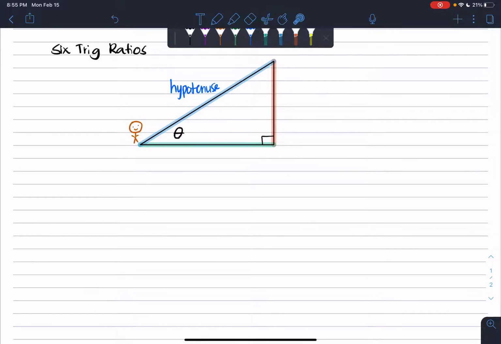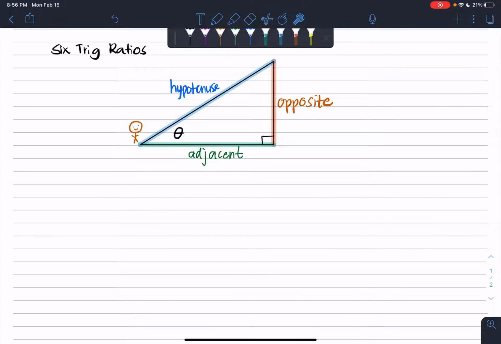So we say this side would be opposite from us. And finally, the last side here, since it's right next to where we are standing, this will be the adjacent side. Okay.